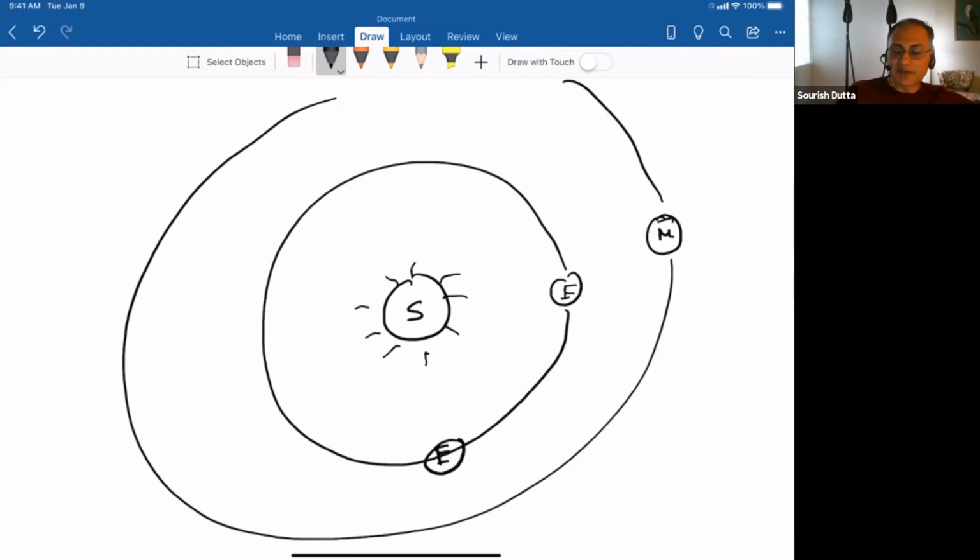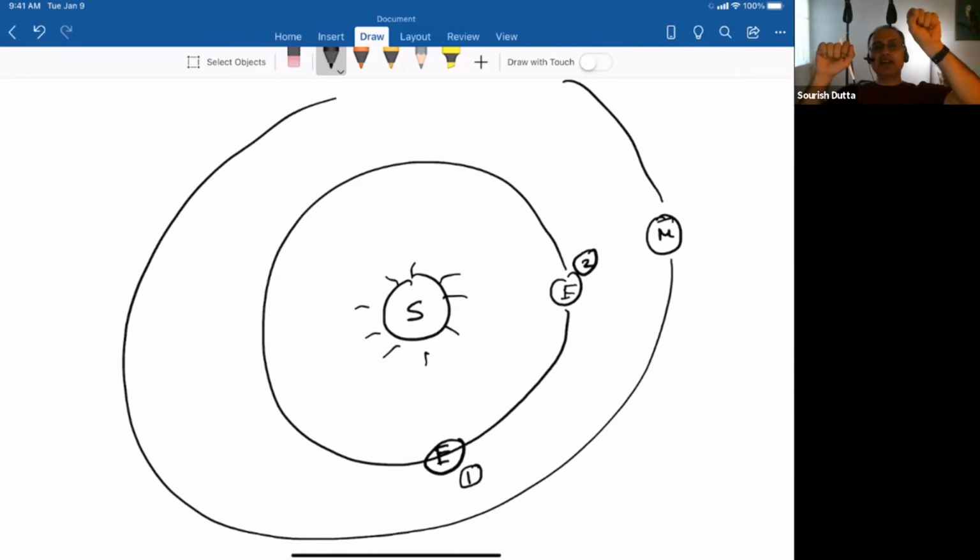Now, suppose the Earth is over here. So we are sort of approaching Mars, right? When the Earth is over here, let's call this position 1. So from position 1, we are sort of approaching Mars, right? So Mars will appear to be moving in one direction in the sky. But when we are in position 2 over here, we are lapping Mars. So Mars is going this way, we are sort of passing by Mars like that.